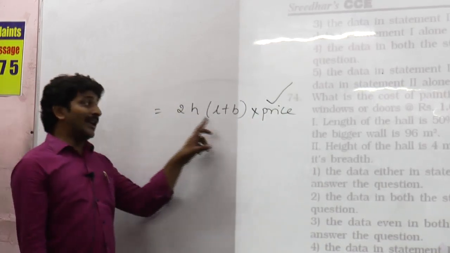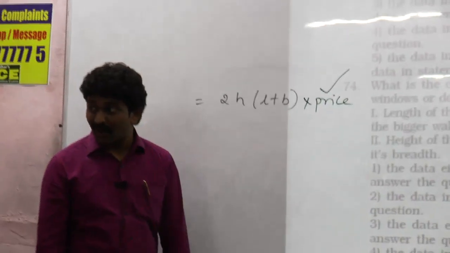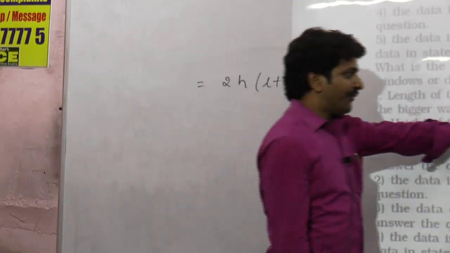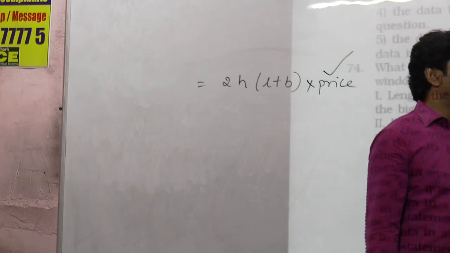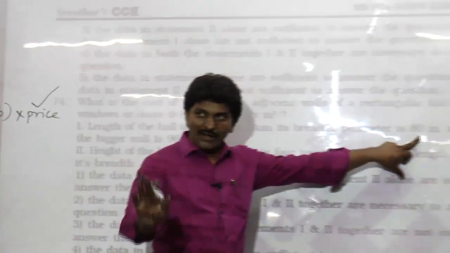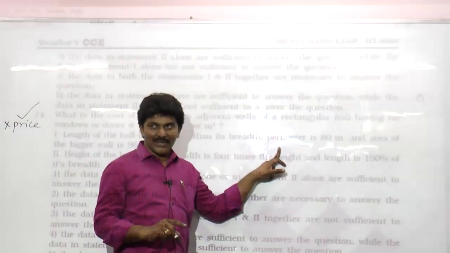So now you need to know the length, breadth, height of the rectangular hall. Now look at statement 1. Length of the hall is 50% more than its breadth. Perimeter is 80 meters. With this information, can you calculate length and breadth? Yes.